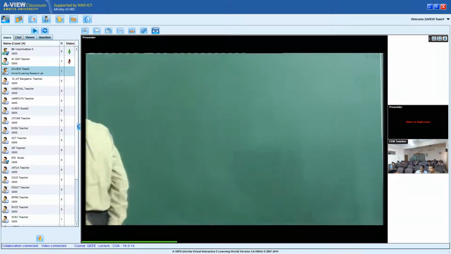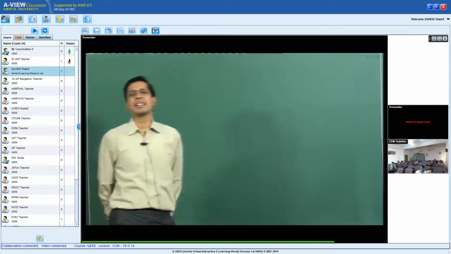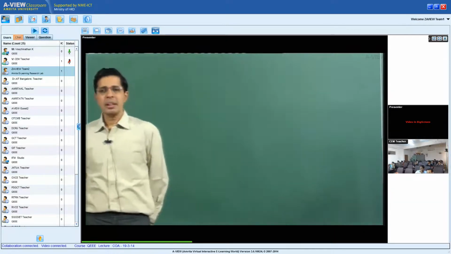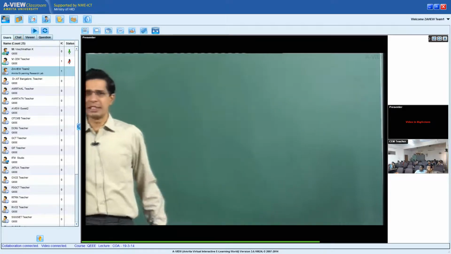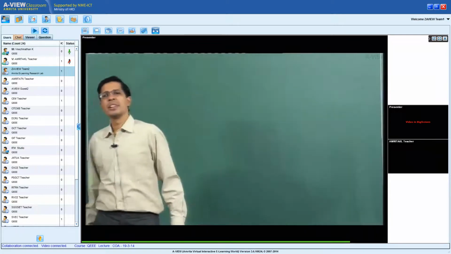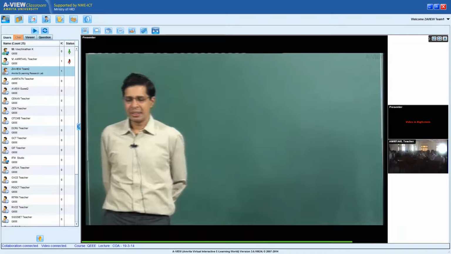Now what is virtual memory? As I told you in the last class, I have a program which is as large as say 1 GB and I have a memory which is say 512 MB.